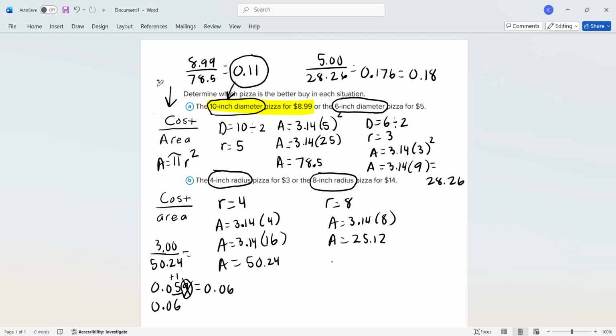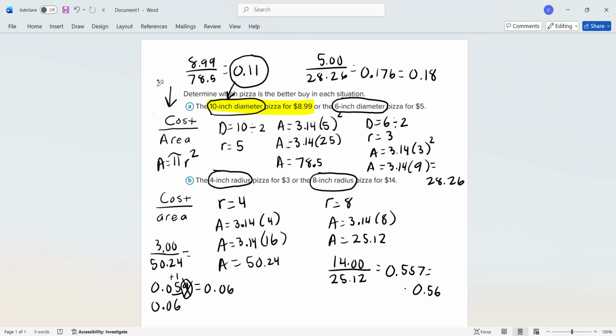Now I have my area, so all I need to do is take my cost, which is $14, and divide that by 25.12. So $14 divided by 25.12, and I end up getting 0.557. If I round that to the hundredths place, I end up with 0.56.